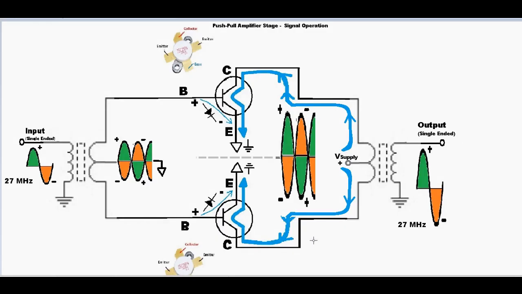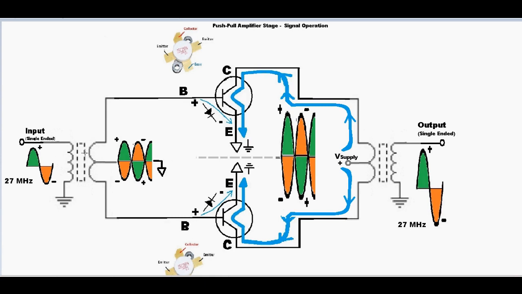So here we have it, guys. This is the big complete circuit diagram for a full two-stage linear amplifier stage. Let's go through the circuit operation. We see on the left side the input when we key our transmitter. Cycles of RF carrier start to come in.